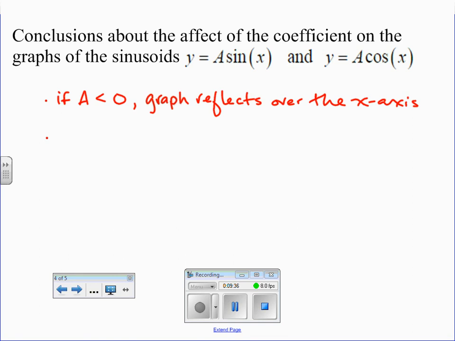And if the absolute value of a, we didn't get to this one yet, you'll see it in the sine graph. The absolute value of a is between 0 and 1, like half, say. Third time's a charm.